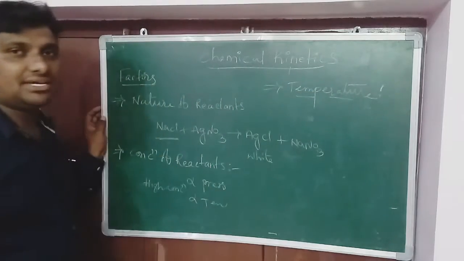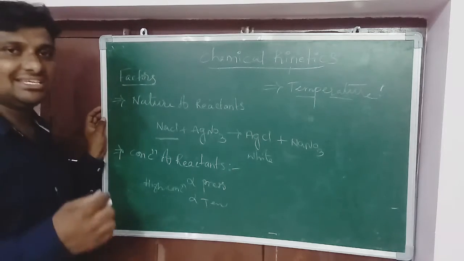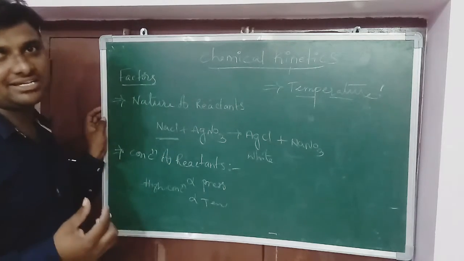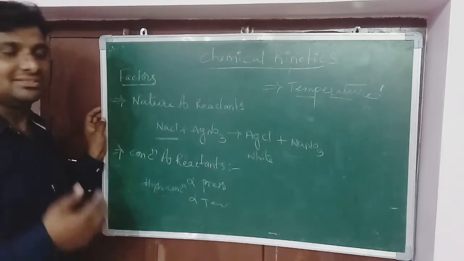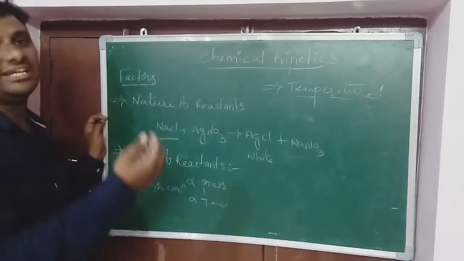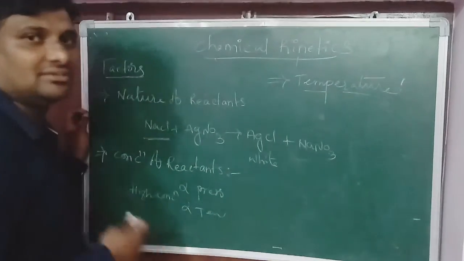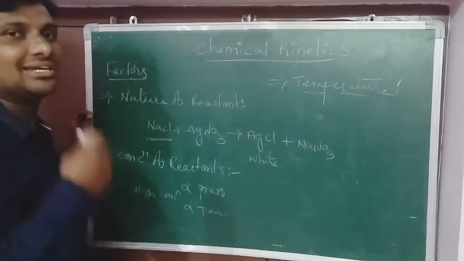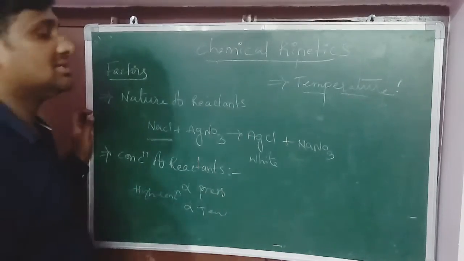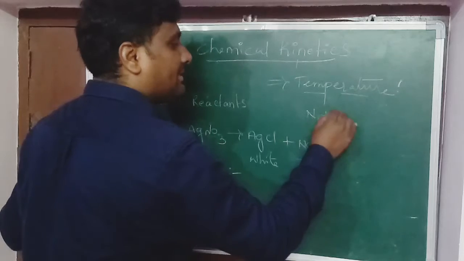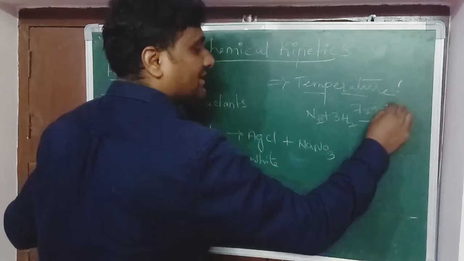So here, when increasing the temperature according to the Arrhenius equation, for every plus 10 degrees centigrade the rate of reaction increases. With the Arrhenius equation, as the temperature increases the reaction takes place faster. Example, in the Haber process the temperature is 725 to 775 kelvins.